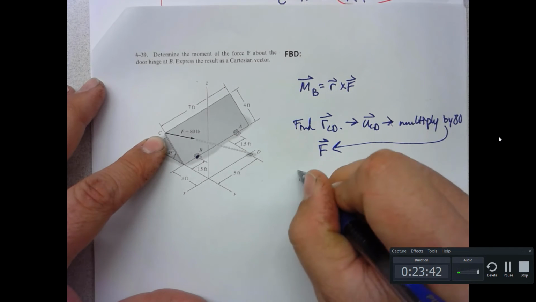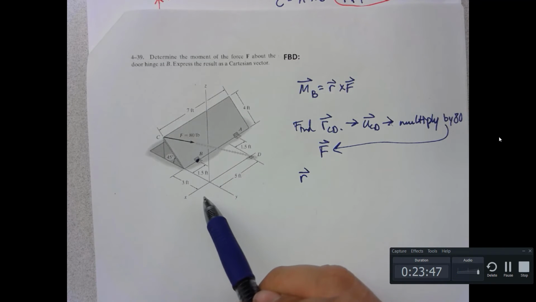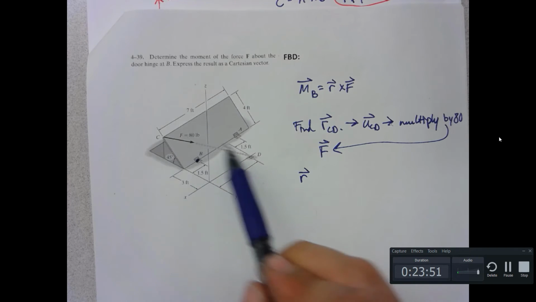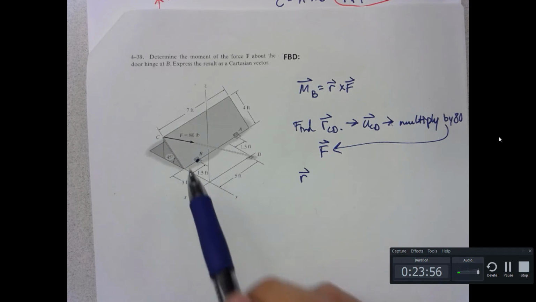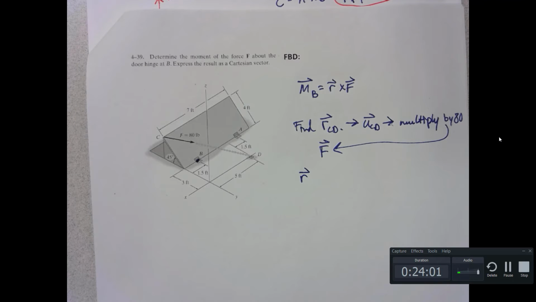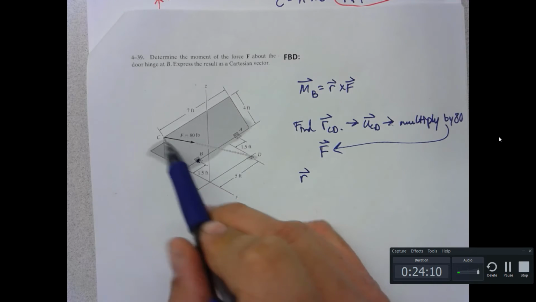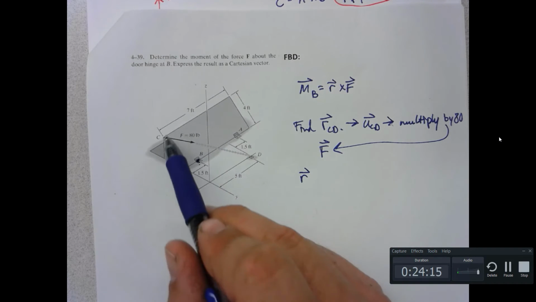For the position vector, well, that one you can figure out. You need to figure out a position vector from B to the line of action of F. Now, here's where the tricky stuff comes in. How would you find a position vector from B to the line of action of CD? There's an easy way and there's a hard way. I'll give you a hint. If I'm looking for a vector from B to the line of action of CD, do I have to do r_BC?